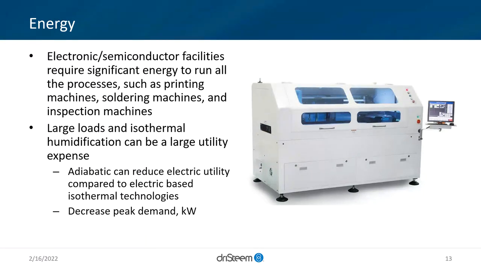So when we look at energy, I previously mentioned that I've seen anywhere from isothermal to adiabatic, and it really depends on what your facility's goals are. I've seen adiabatic combined with isothermal in the sense of, okay, I want a majority of my load to be taken care of by high pressure atomization, for example, for that recirc air or incoming makeup air.